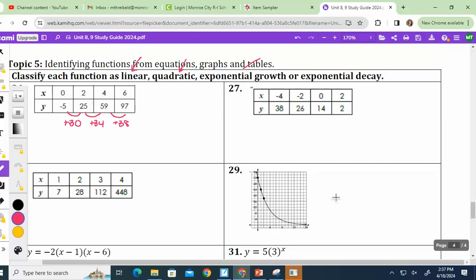All right, if it's linear, those will all match. They don't, so it's not linear. We have to keep going. We check the second difference. So how do you get from 30 to 34? And from 34 to 38? So if the second difference matches, then that means it is quadratic.